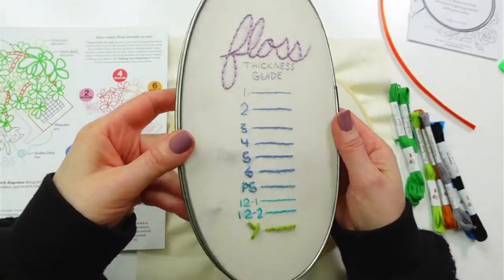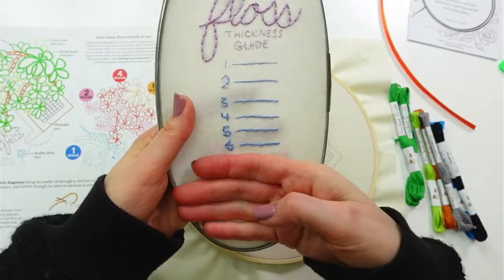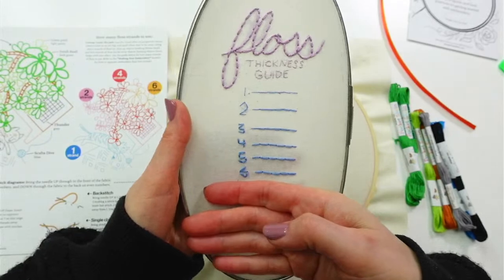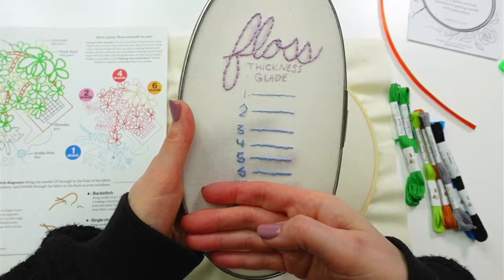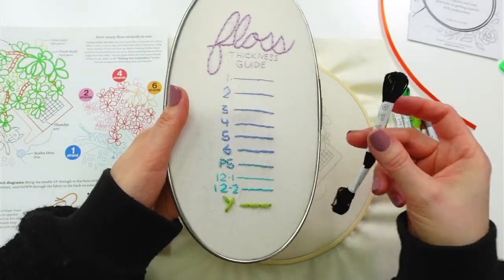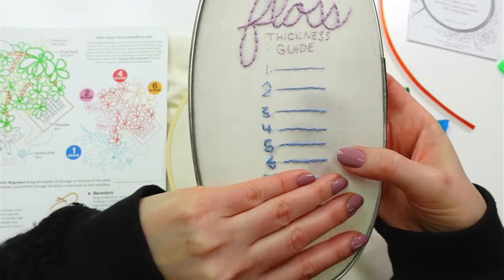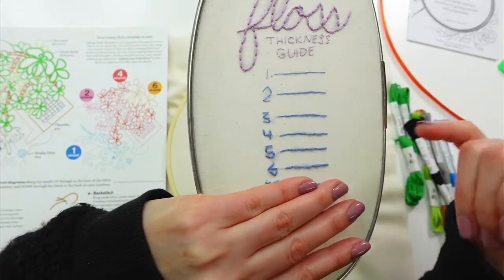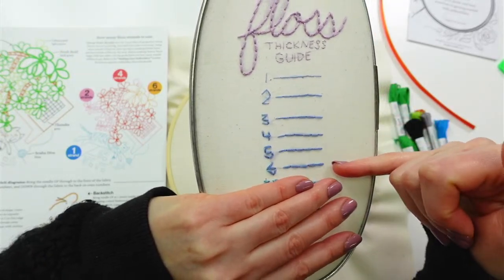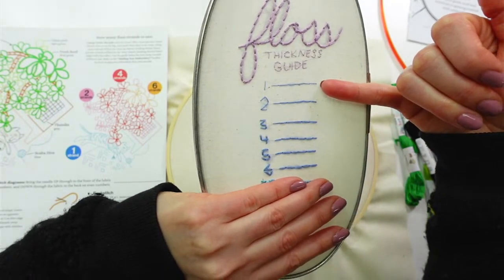This is my floss thickness guide, and these are some different types of threads at the bottom. But if we look at just the numbers here, this is normal 6-strand embroidery floss and all the different strands using a back stitch. Look how thick the number 6, all 6 strands, is compared to a single strand.